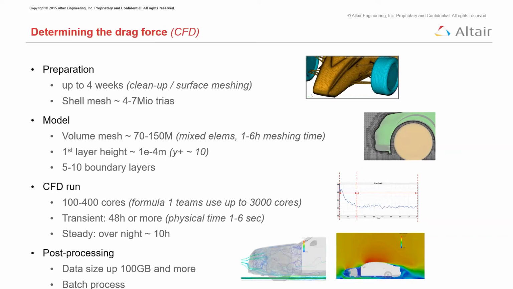So it's very dependent on your Reynolds number, and you can control that by changing both the number and size and growth rate of your inflation layers. And I'll also explain that when we open up the tool.